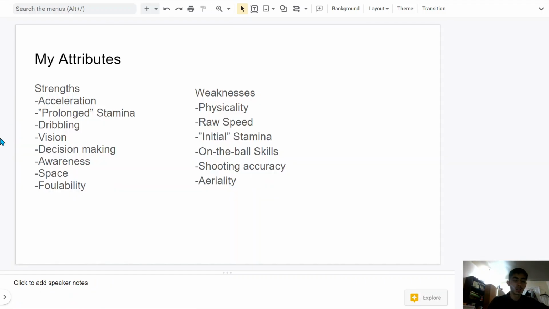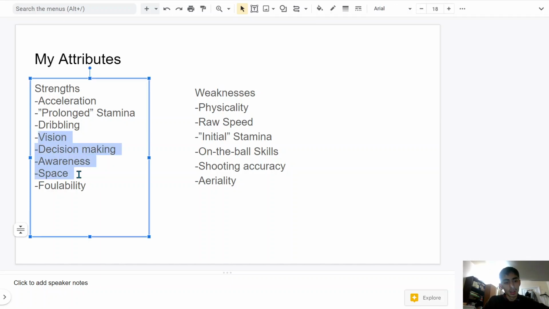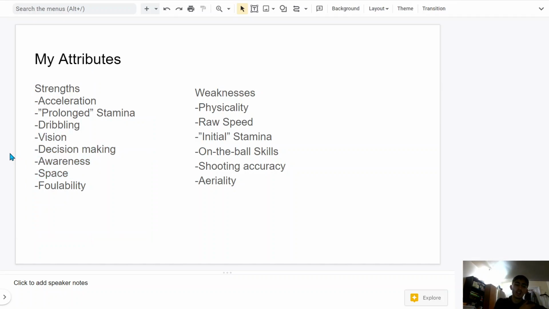If we go back to vision, decision making, awareness, space, all of these four attributes make sense for any winger, because the whole point of a winger is to create chances from the wide areas. Creating chances, pretty much nothing else. Wingers can score by cutting in and shooting, but they are more of a chance creator than a chance converter. That chance converter is your centre forward or your striker or whatever you want to call it.